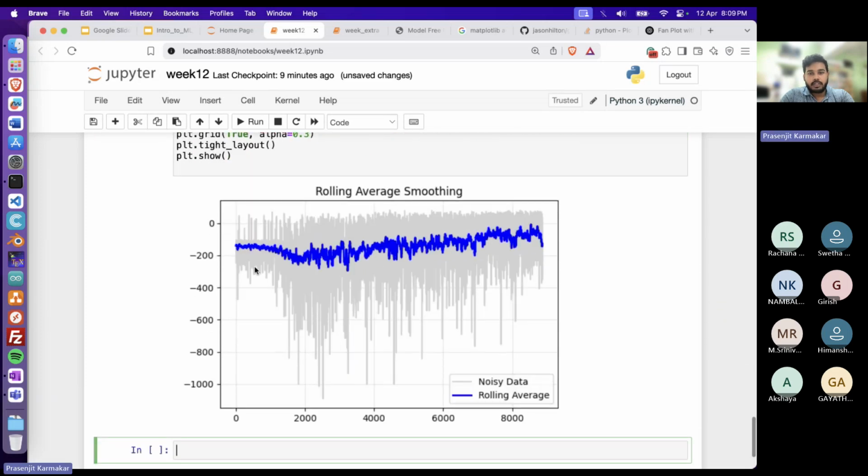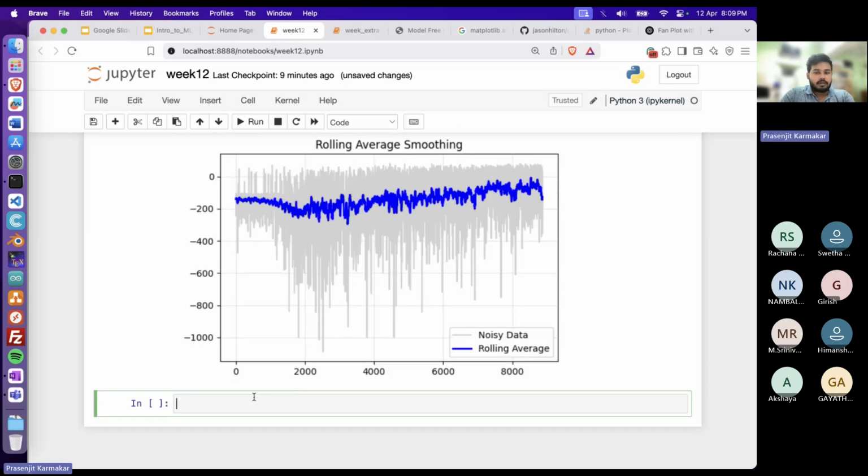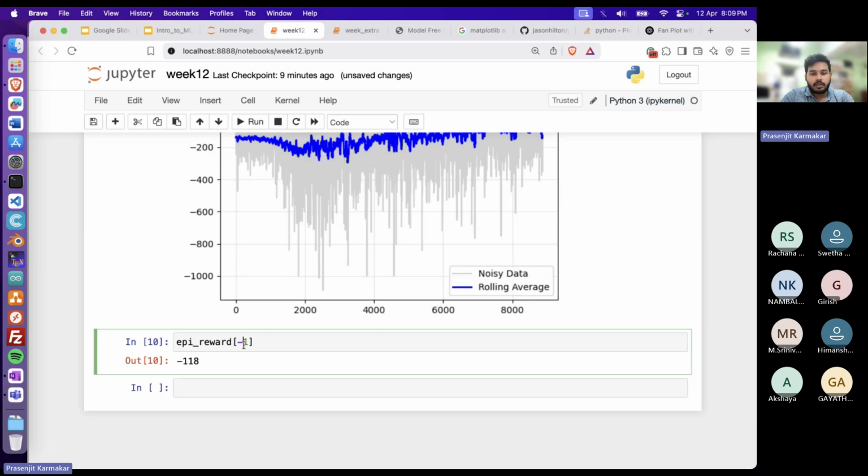Hmm. So it is statistically much faster. Okay. So what is my episode reward? It's minus 188, minus 2. It's random actually.